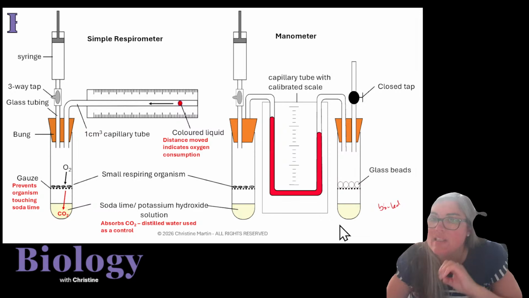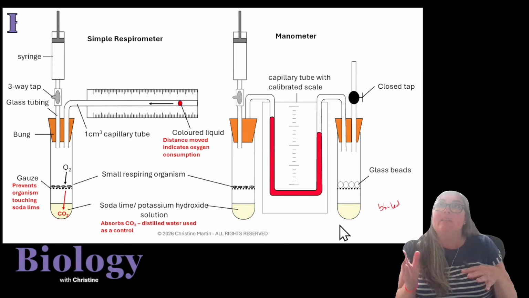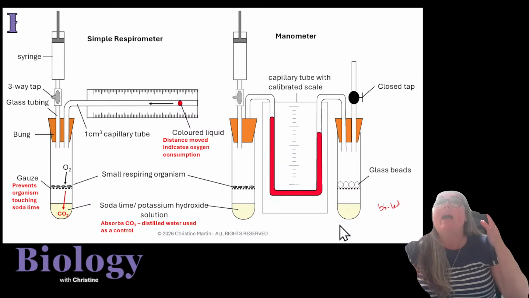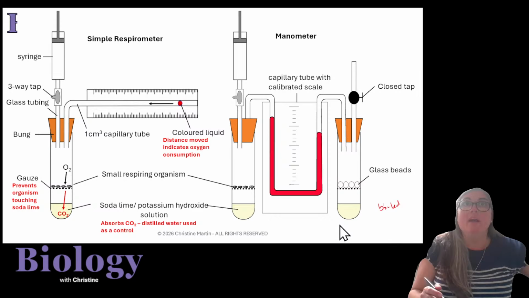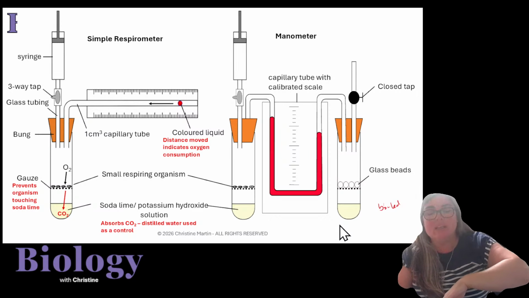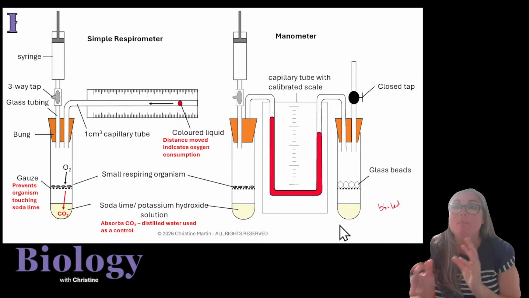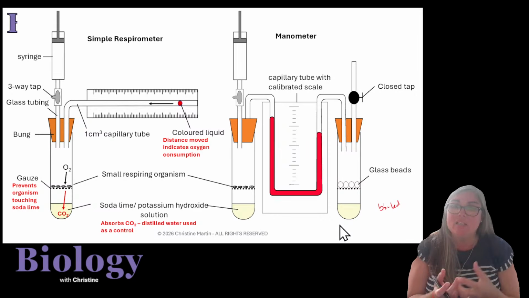If the RQ is 0.8, what would the substrate be? If it's 0.8, you are saying it is a mix of carbohydrates and lipids. The closer it is to 1, mainly carbohydrates. The closer it is to 0.7, mainly lipids. If it's somewhere in between, if it's animals, then we are saying it's a mix of the two.